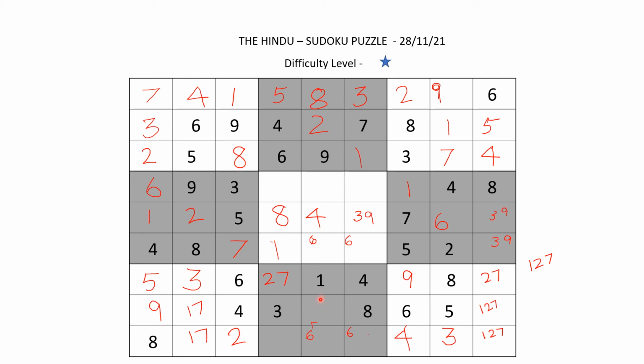Now here we can find this missing number. See, since we have a 1, 2, 7 here, obviously this cell has to take 1 or 2 or 7 only. Since we have a 1 here, this can become a 2 or 7, and since we have a 2 here, obviously we have 1 and 2, so this becomes a 7.